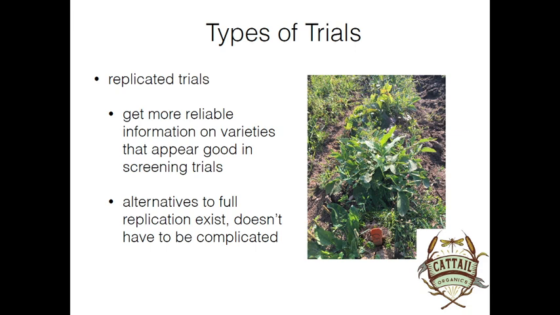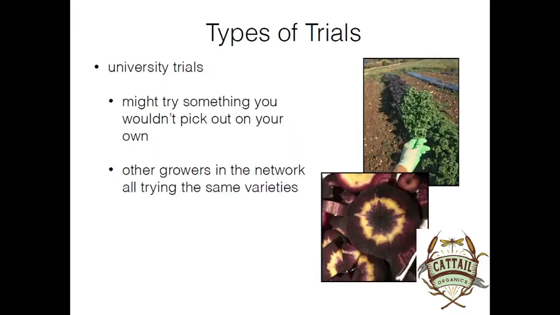So it can be a trait that's more important to do a replicated trial to get good information on. Replication doesn't have to be complicated, and we'll talk about that in just a little bit. But replicated trials are often a step up from screening trials once you've identified what varieties might be good. From a screening trial, you can move them up to a replicated trial.